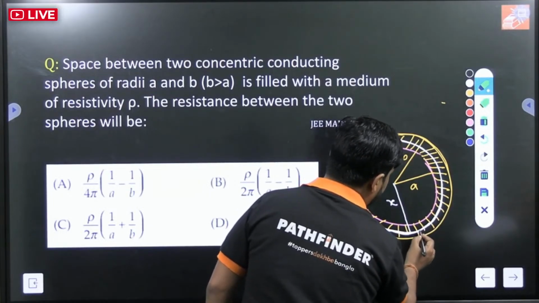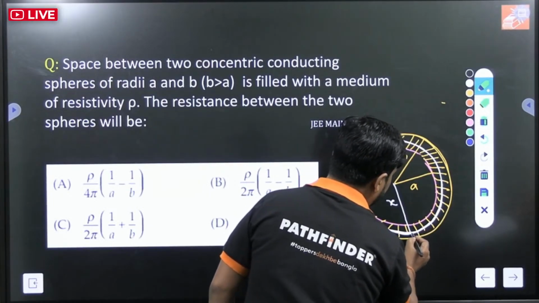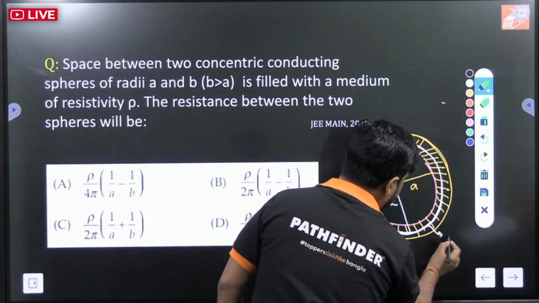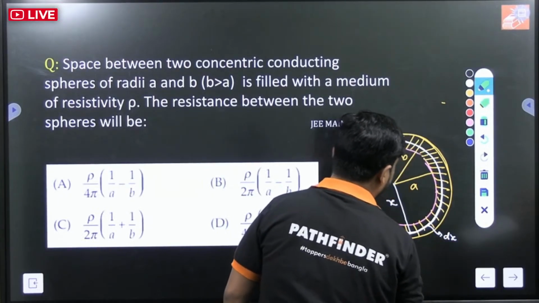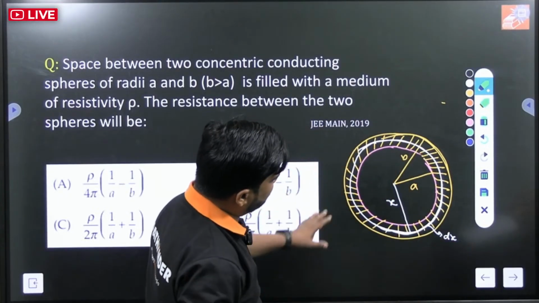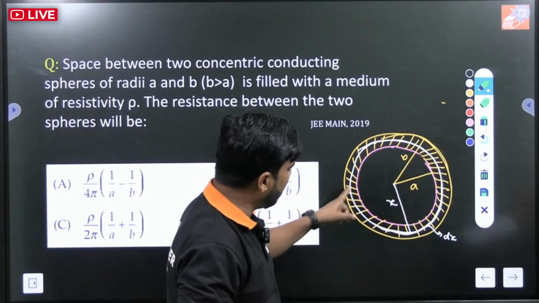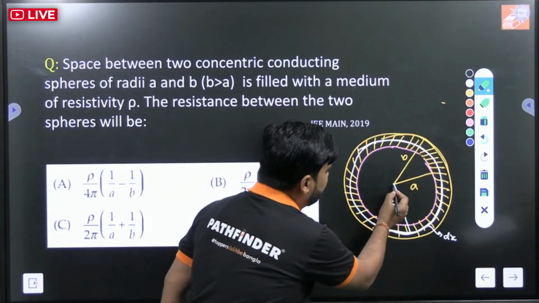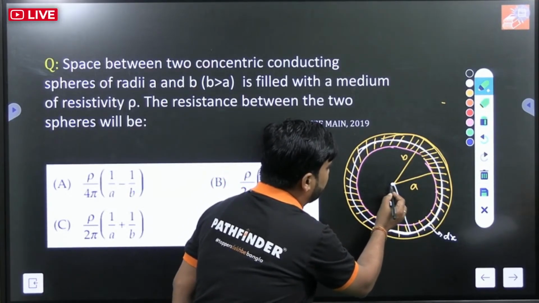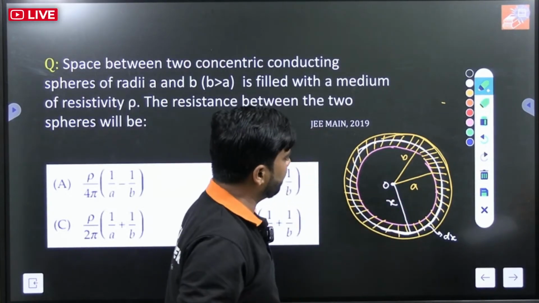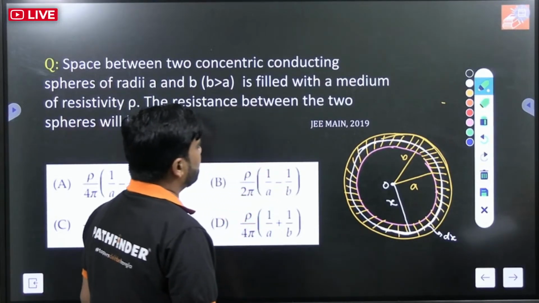The thickness of this differential sphere is dx and it is situated at a distance x from the center.